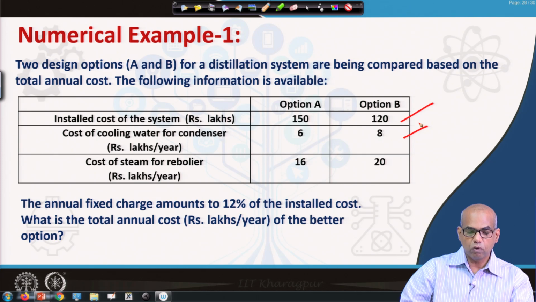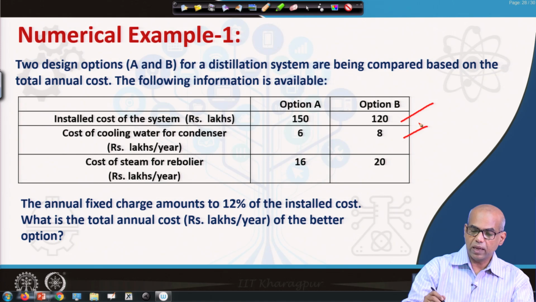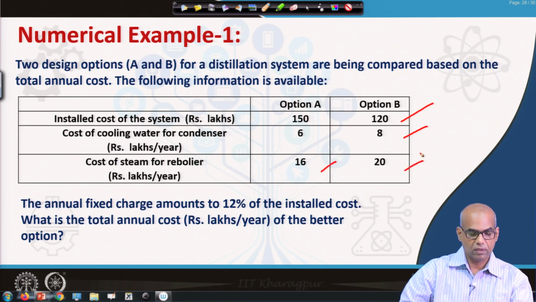Cost of steam for reboiler in lakhs per year for option A is 16 and for option B is 20. The annual fixed charge amounts to 12% of the installed cost. What is the total annual cost of the better option in rupees lakhs per year?